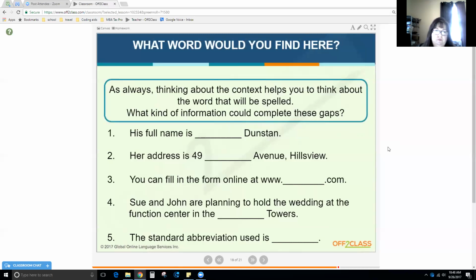His full name is Parks Dustin. Her address is 49 Loyola Avenue, Hillsview. You can fill in the form online at www.google.com. Sue and John are planning to hold the wedding at the function center in the Sears Towers. The standard abbreviation used is, I don't know, et al. or something, yeah.